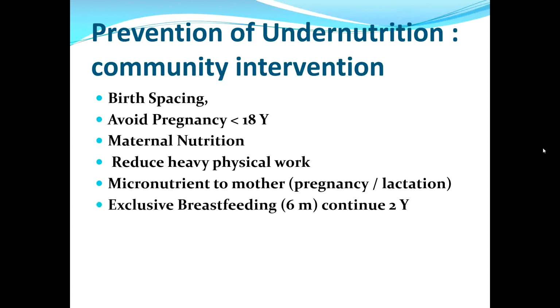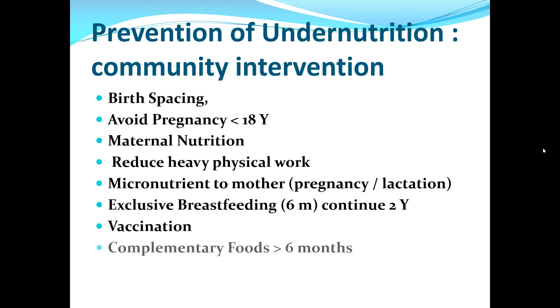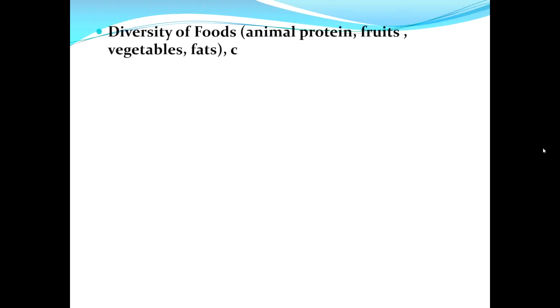The baby must be exclusively breastfed for 6 months and then continued for 2 years. The baby should be vaccinated properly at the proper time, and should receive complementary food after 6 months of age. The baby should receive food from animal sources, fruit, vegetables, and fats.